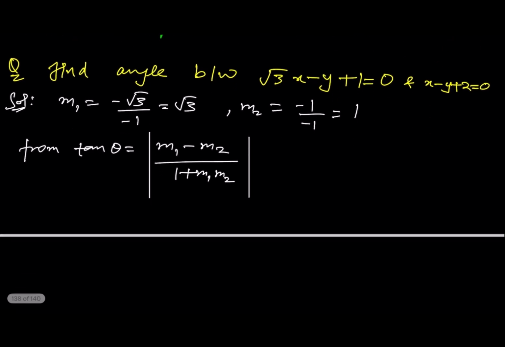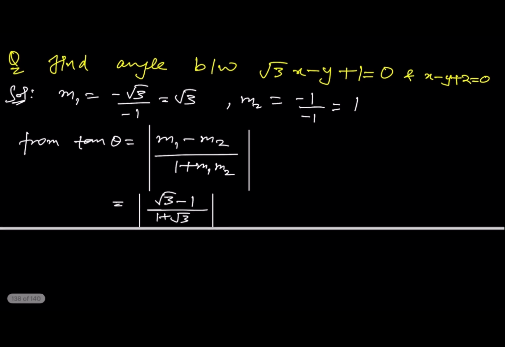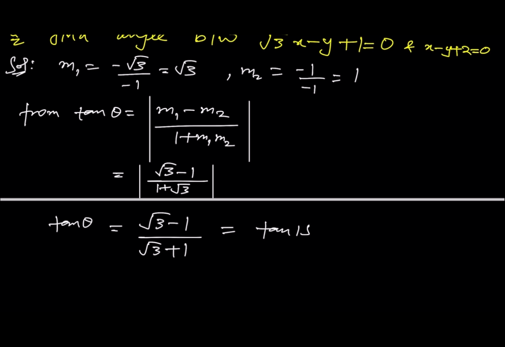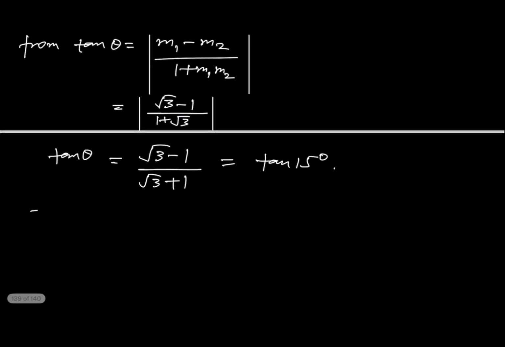So this is √3 minus 1 upon 1 plus √3, as it is positive inside, so I can remove mod. So this is √3 minus 1 upon √3 plus 1, which is nothing but tan 15. So theta is 15 degree.